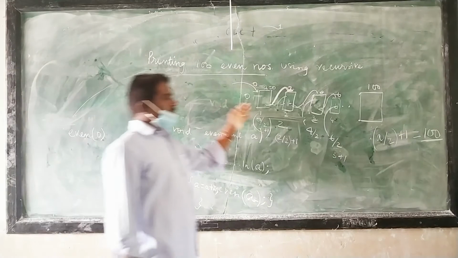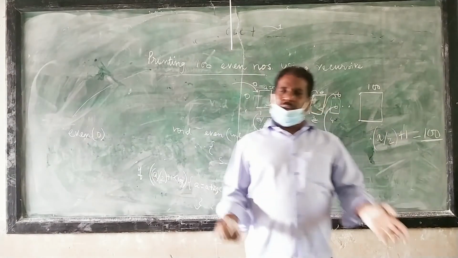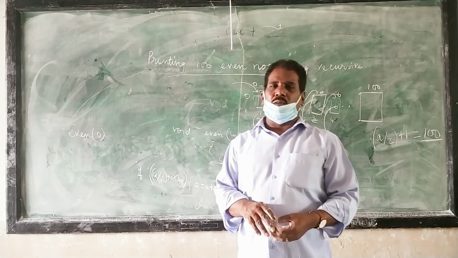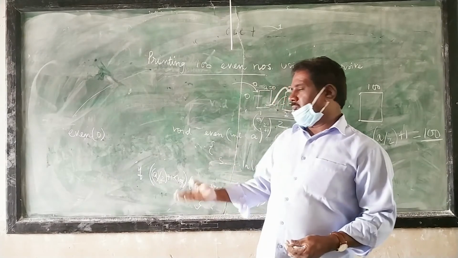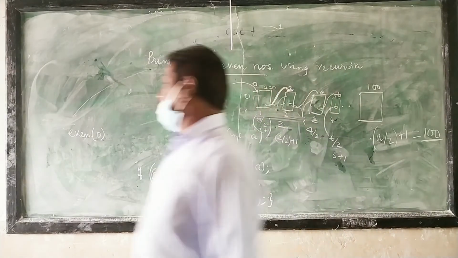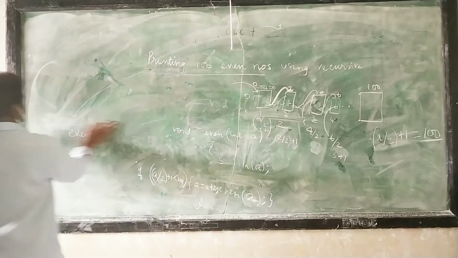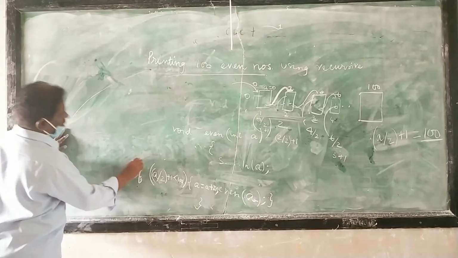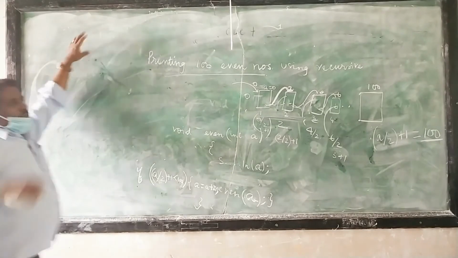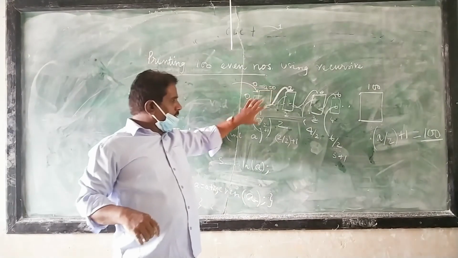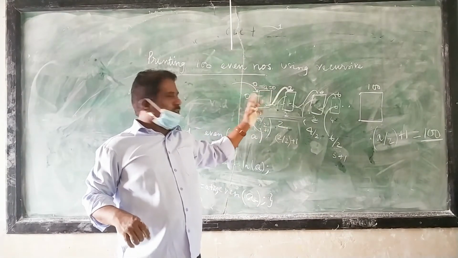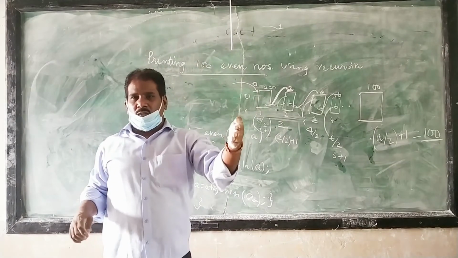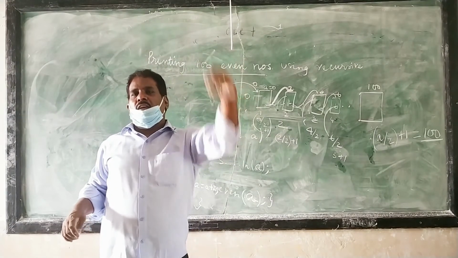So this is how we can control. Or in another way also we can control. This program we can write in another way also. If you have difficulties, we can write it in another way. Along with the even value, I will take one counter also: 1, 2, 3, 4.